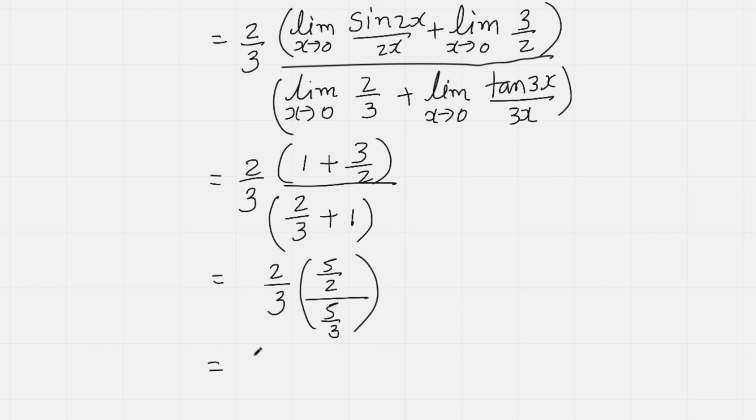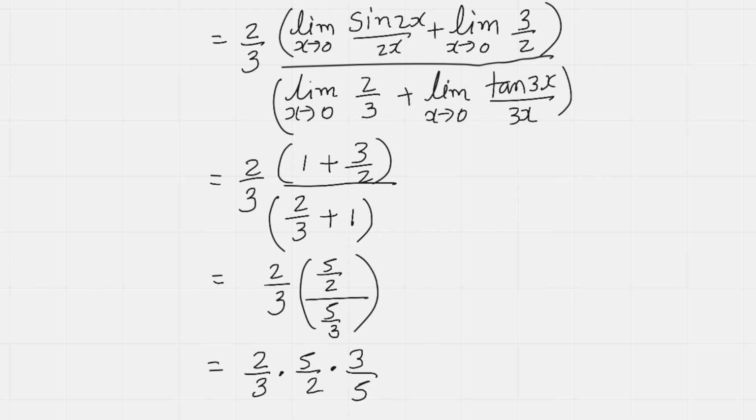So now let us write 2 over 3 as it is times 5 over 2 as it is, and instead of this division we are going to write the multiplication. Since we have written multiplication, the fraction in the denominator will flip, so we have to write the reciprocal of 5 over 3. So it will be 3 over 5.